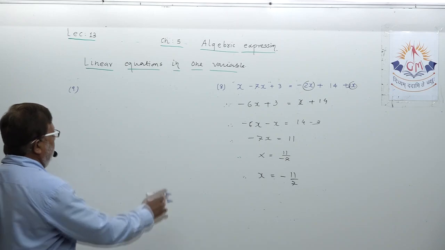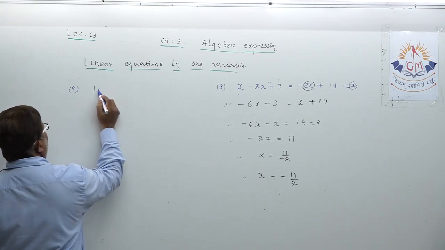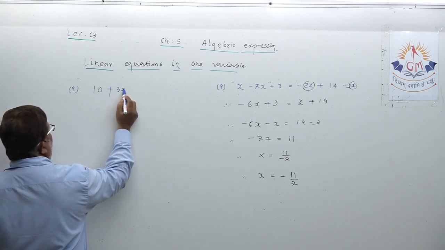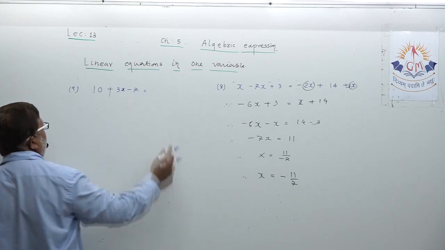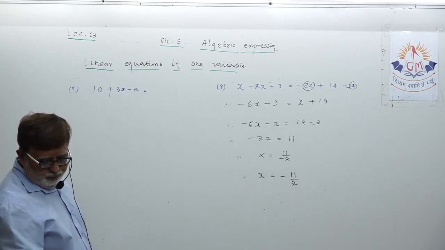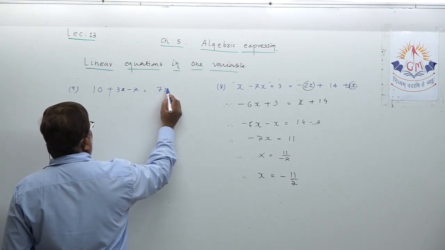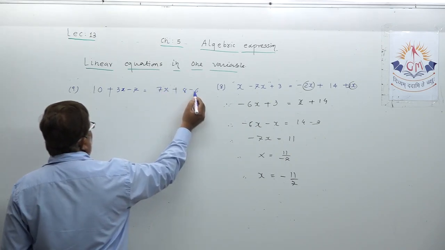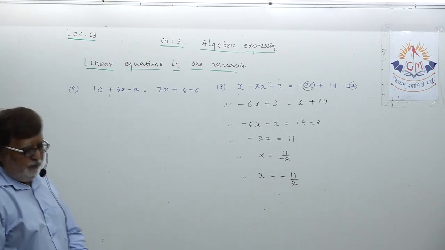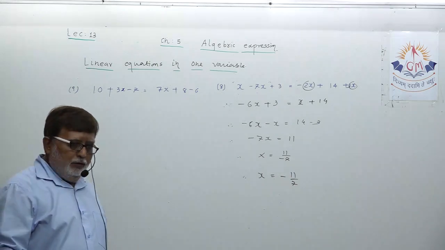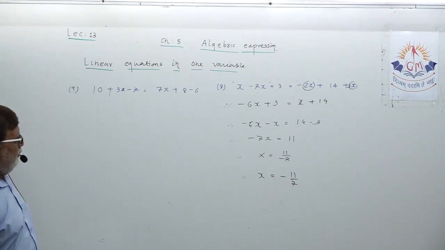It is like, just be watchful, 10 plus 3x minus 7 equals to 7x plus 8 minus 6. Be watchful, dear student. What do you find special in this?